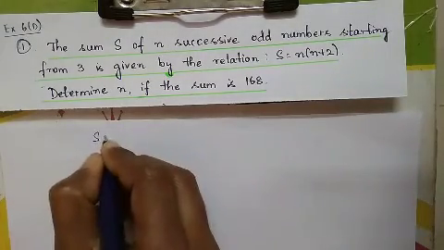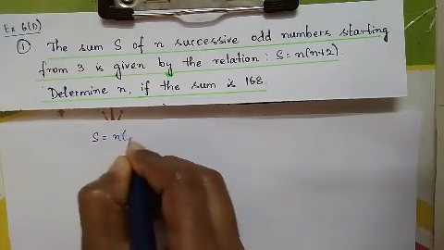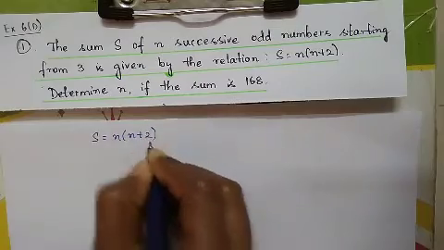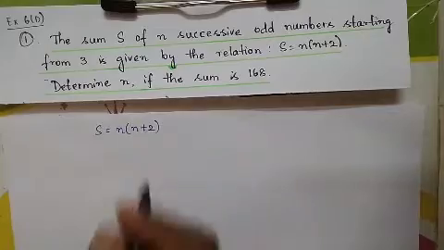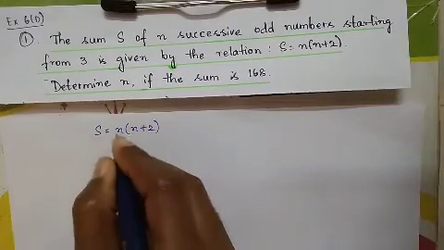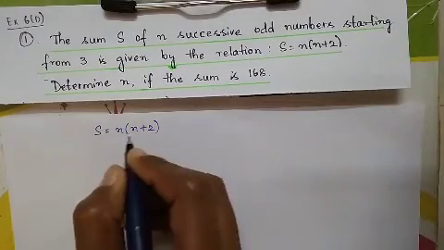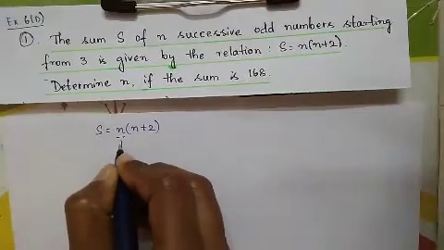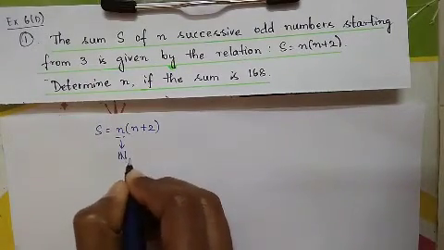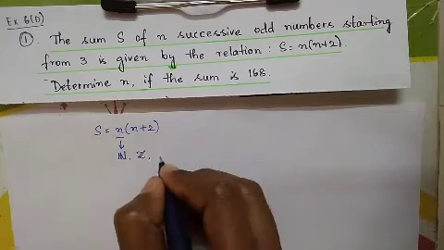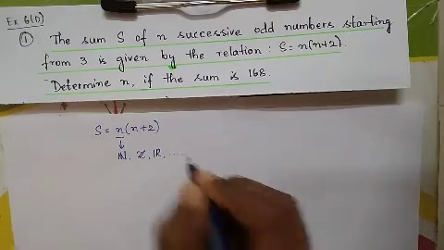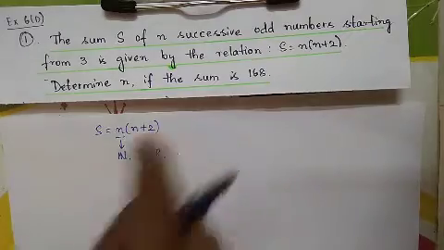Here the sum is given by n into n plus 2. When a number or a sequence of numbers is represented by some term, here n, it should be either from the set of natural numbers, or the set of integers, or the real numbers and so on. It should be from some number system.